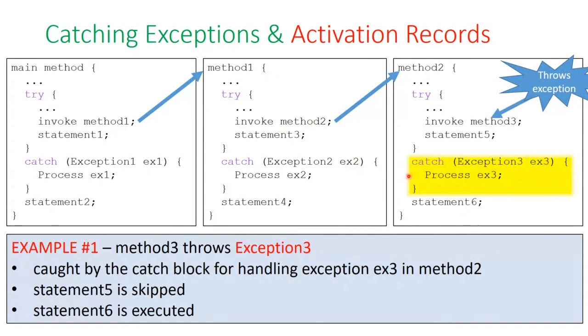Once I get this, I can do whatever I want. I called it process x3. I can do whatever I want with this data. I can totally ignore it and just display a single message that says, boom, and then exit maybe, or something like that. Or I can actually look into the object referred to by x3, try to get some information about what happened, and use it to try to mitigate the problem or recover from it.